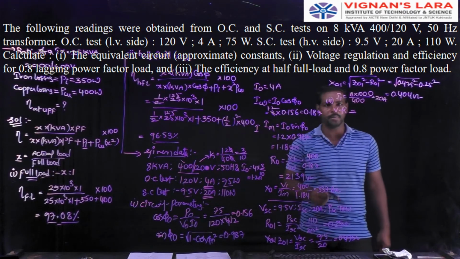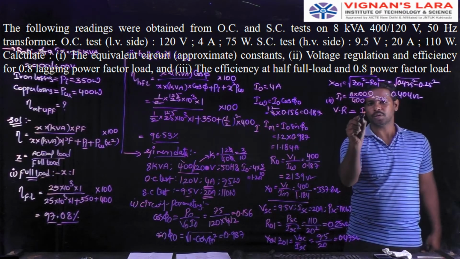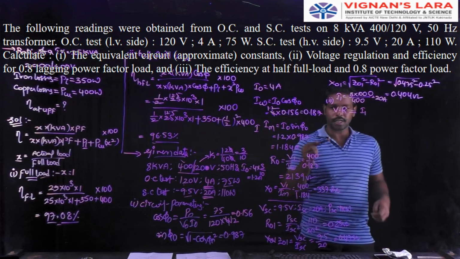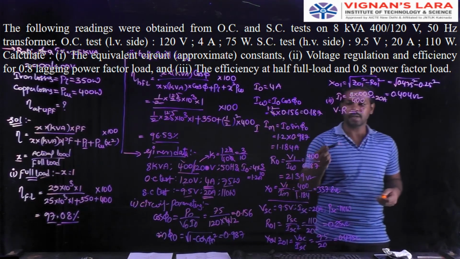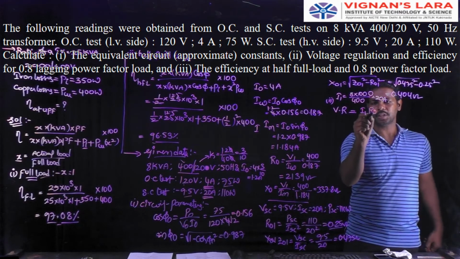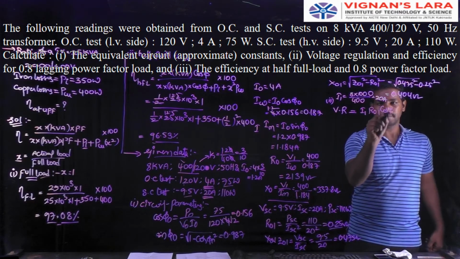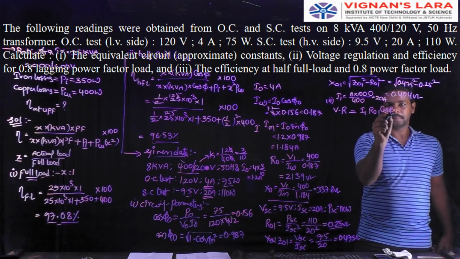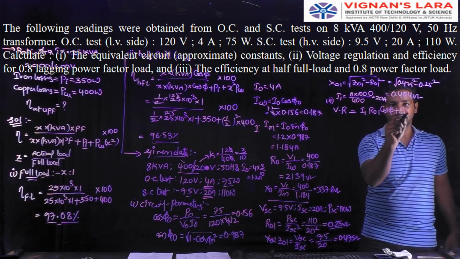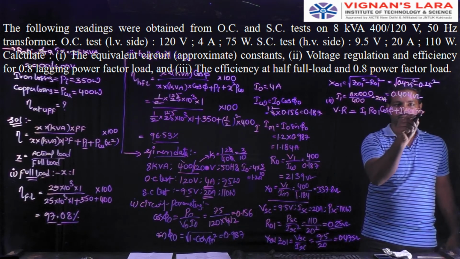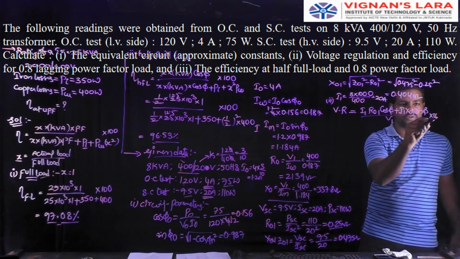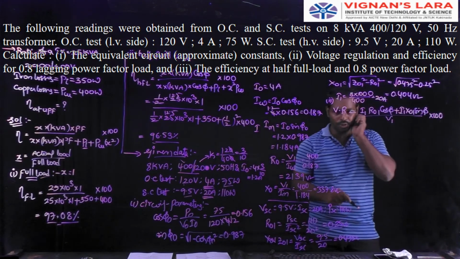Voltage regulation for 0.8 power factor lagging is equal to I1 R01 cos phi plus I1 X01 sin phi, divided by V1, into 100.